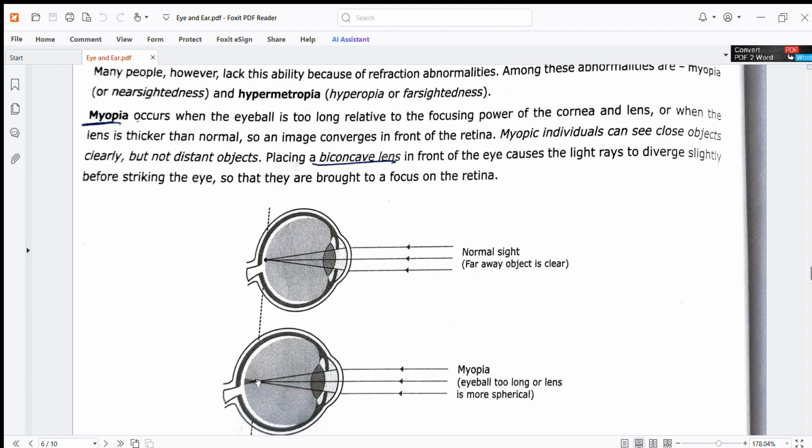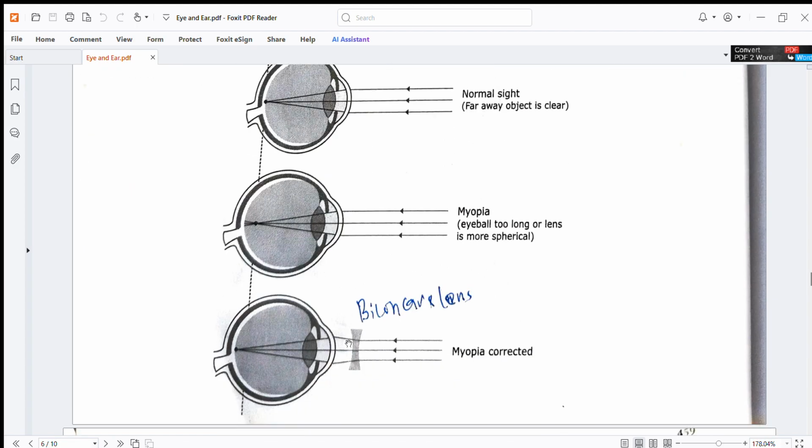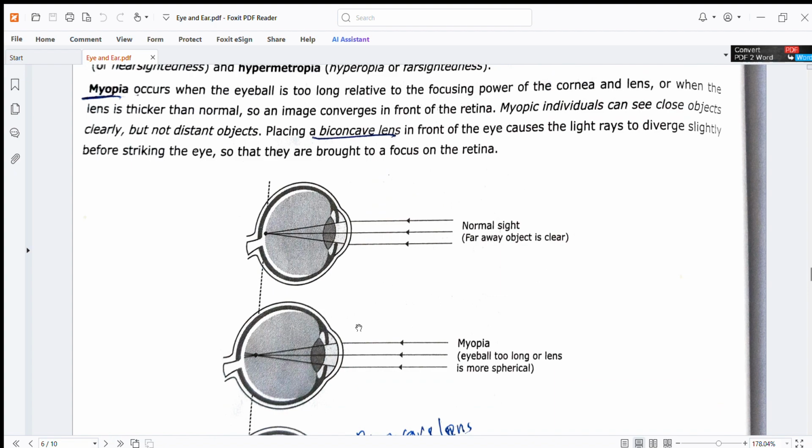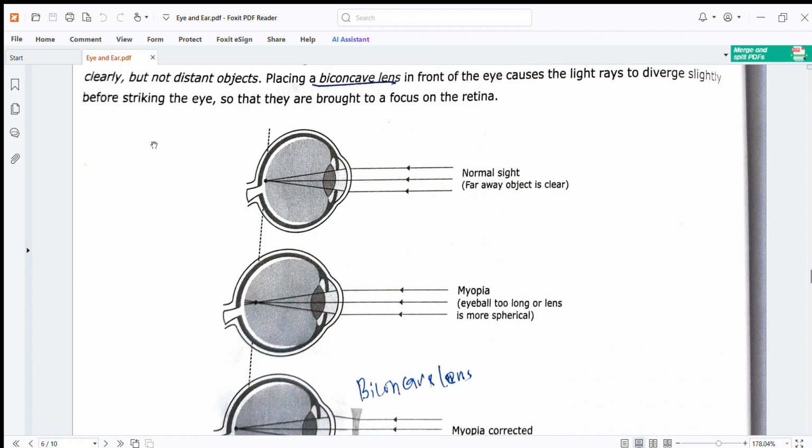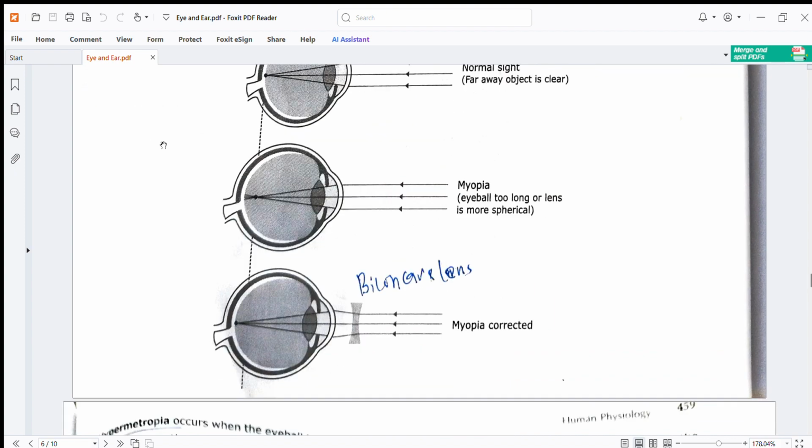A myopic individual can see close objects clearly but not distant objects. Placing a biconcave lens in front of the eye causes the light rays to diverge slightly before striking the eye, so they are brought to a focus on the retina.